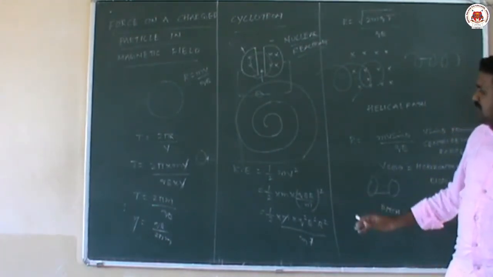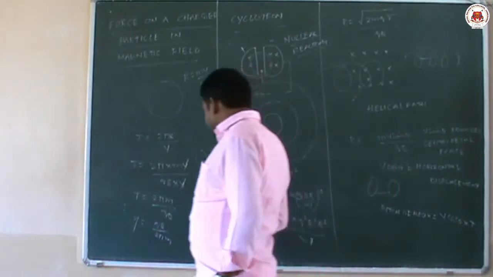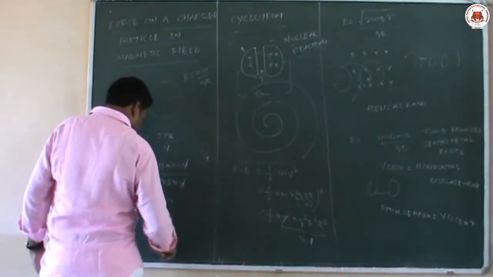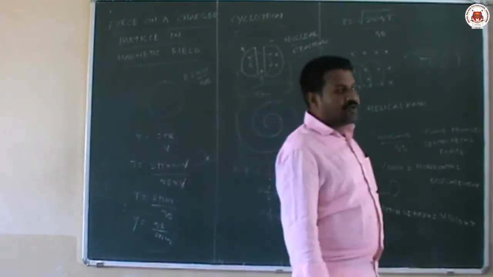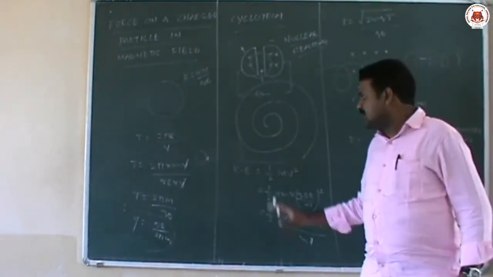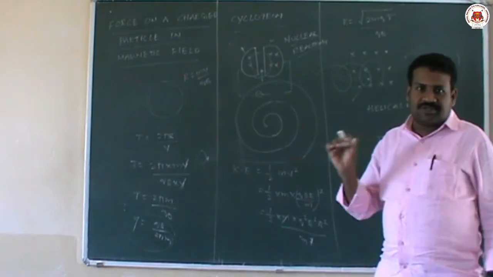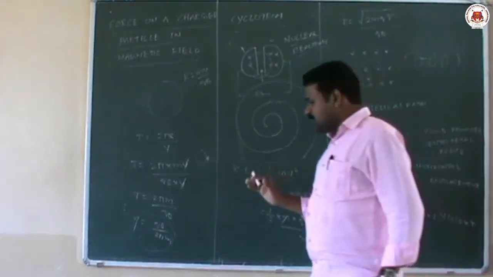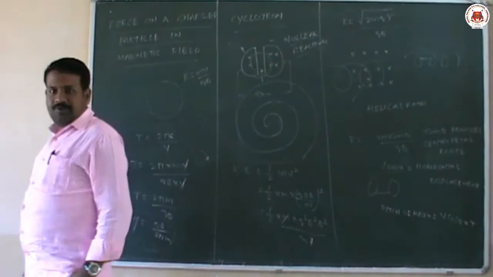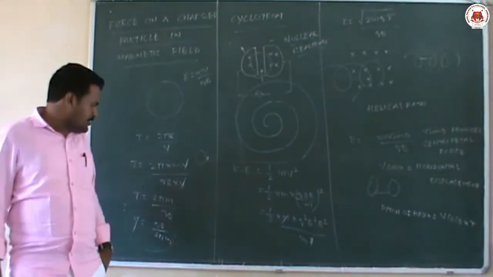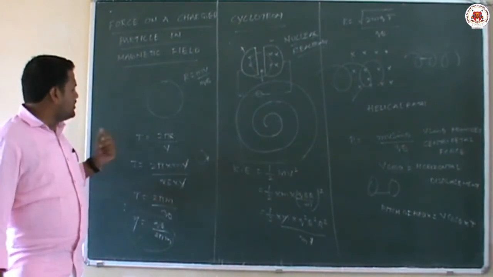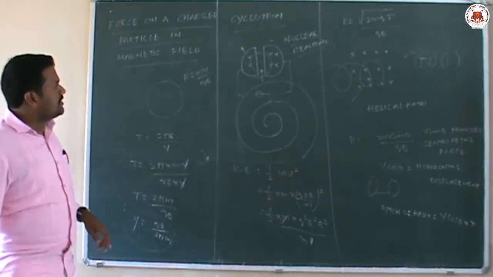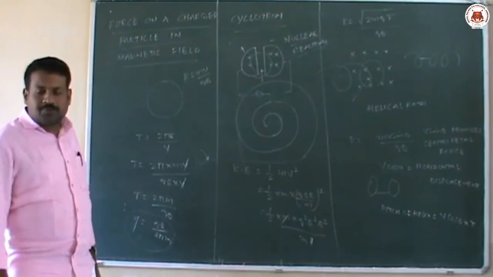That's why we call this frequency the cyclotron frequency. So here, the formulas you have to remember for the motion of a charged particle in a magnetic field: first, the force acting. Next, the radius r is equal to mv by qB.